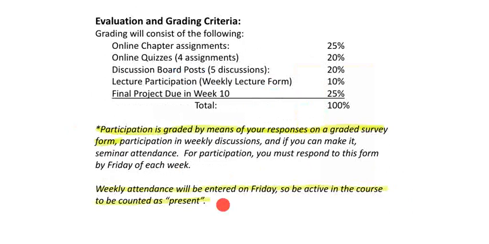You have to be active in the course, and activity will be counted if you either complete a chapter assignment, complete one of the online quizzes, complete the discussion board, or respond to our weekly lecture participation form. Note, for the online chapter assignments, you have up to 5 tries to get the highest possible score, so you need to get started early and do the best that you can.